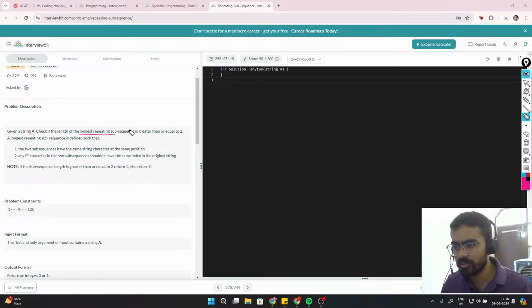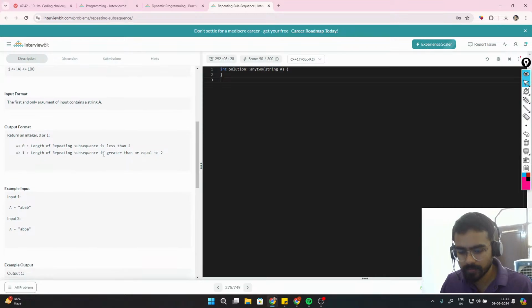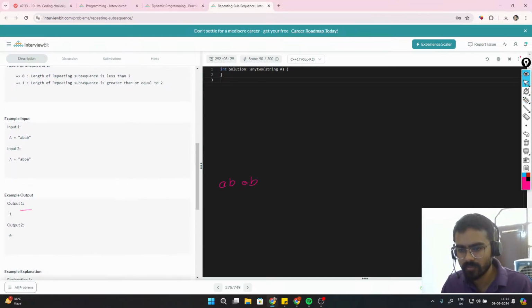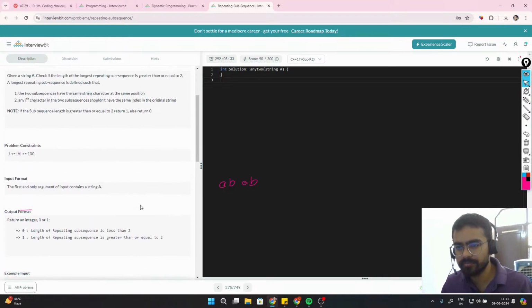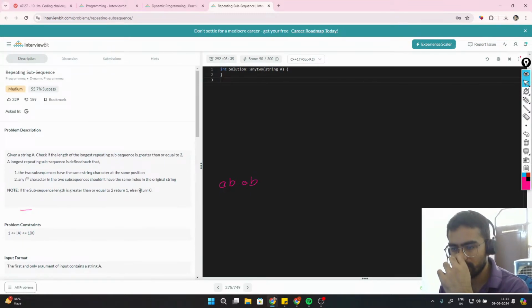Let's take an example and see how we're going to approach this question. The input is AB. The output is 1. AB is repeated. The two subsequences have the same characters at the same position, and any ith character in the two subsequences shouldn't have the same index in the original string.